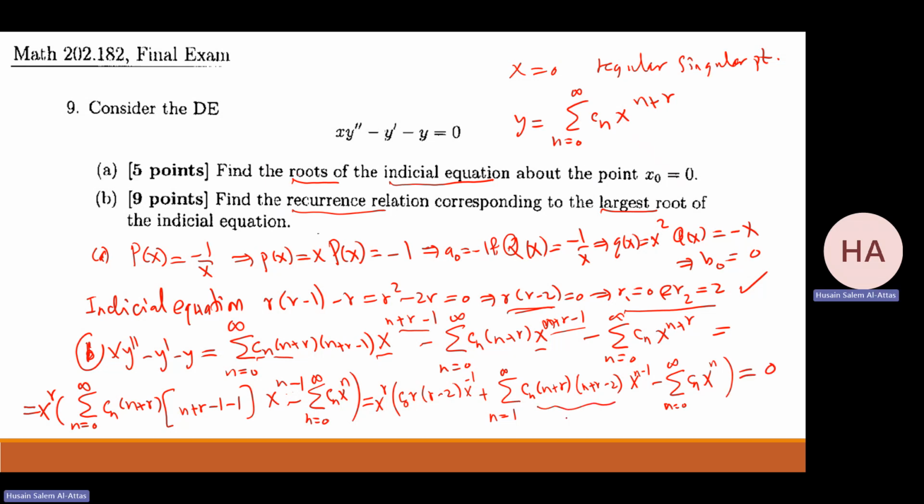Now we need to work this out. In this one I will let k equal n minus 1, and in this one I will let k equal n.